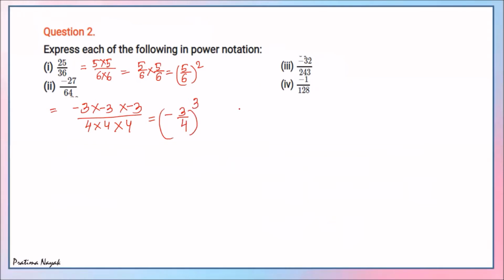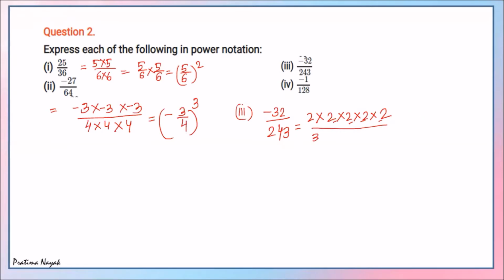Third one is, I'm writing here, minus 32 by 243. 32 has prime factors, how many? 2, 2, 2, 2, 2. 5 twos make your 32: 2 into 2 is 4, 2 fours are 8, 2 eights are 16, 2 sixteens are 32. Similarly, 243 has factors; you can do the prime factorization.